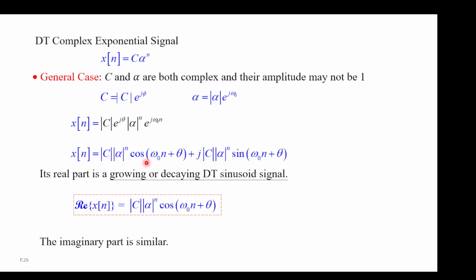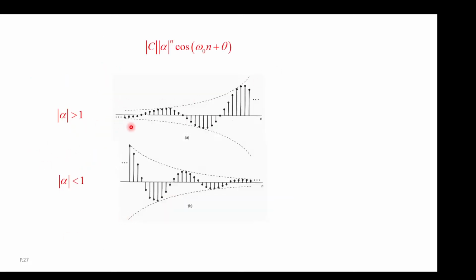Then you have a growing or decaying sinusoidal function, like this. So you have c alpha to the n. If alpha is bigger than 1, you have a growing exponential envelope. If alpha is less than 1, you have a decaying exponential envelope. And you have cosine of omega naught n plus theta oscillating inside, and things are taking values on integer points.